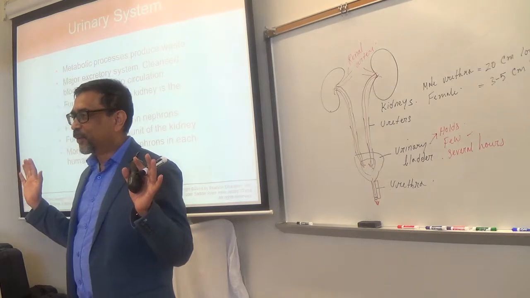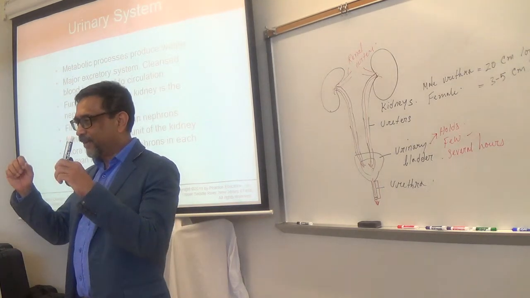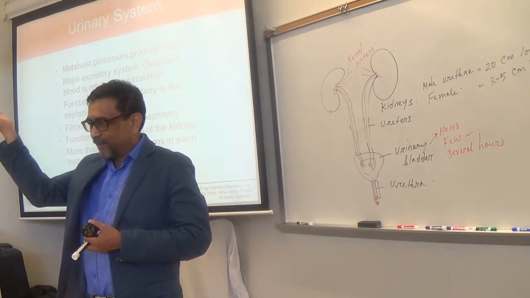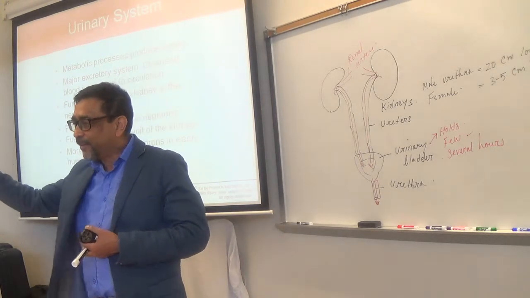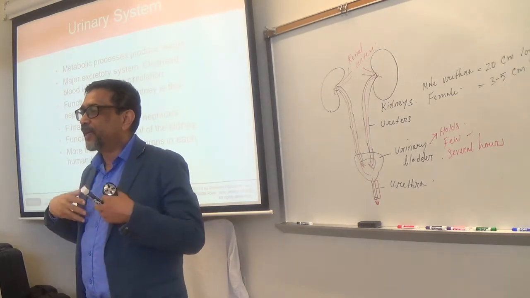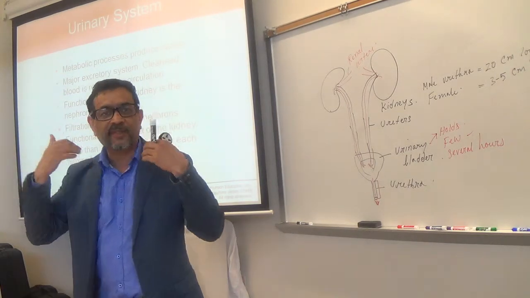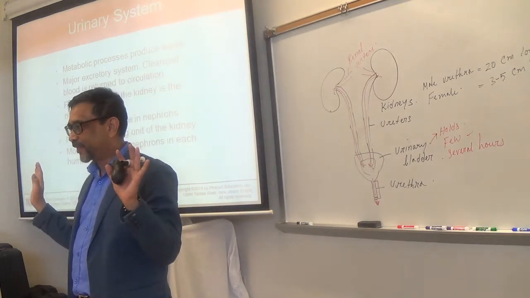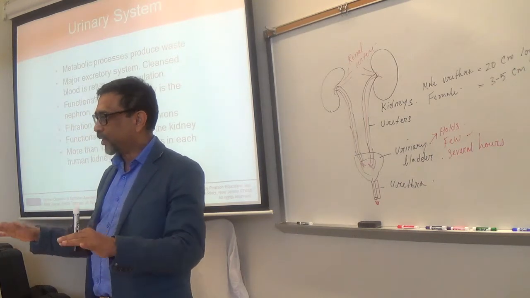Why? If you drink a lot of water, the water amount in your body goes up, right? So your urinary system will not let it happen. Your body needs a normal amount of water, right? Not excess. So that excess volume of water will get out through the urinary system. Is it clear? So that's how the urinary system regulates the water in the body.